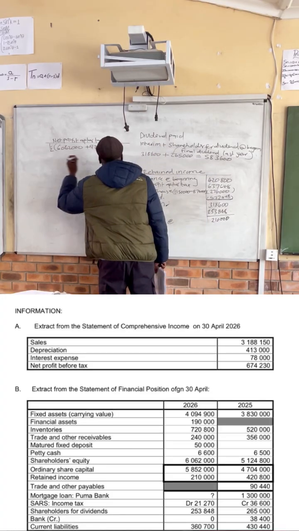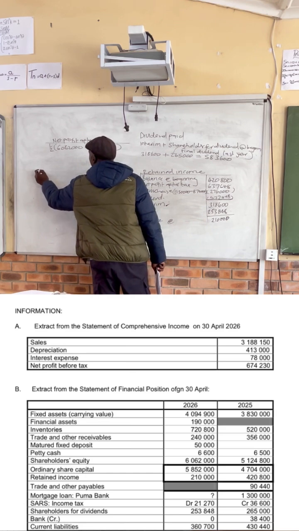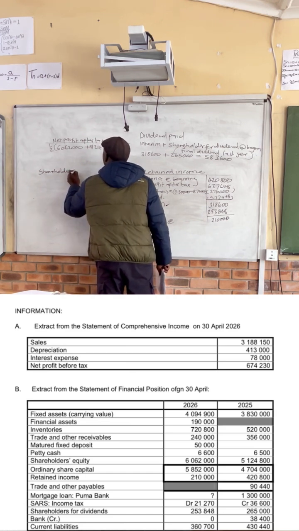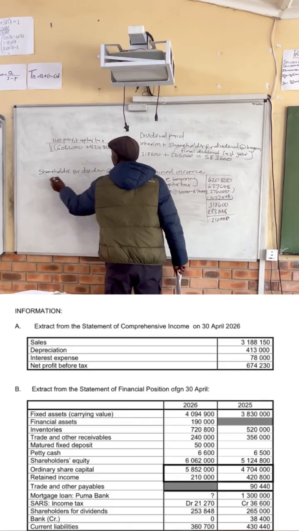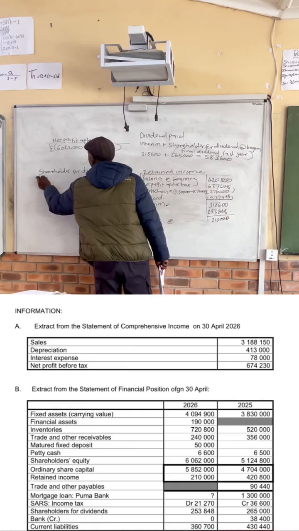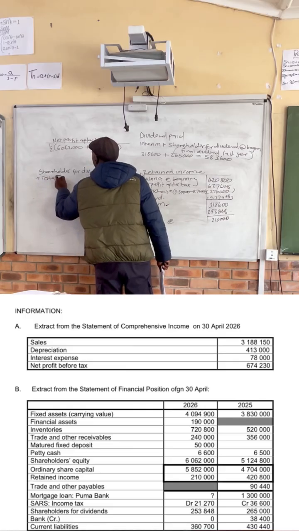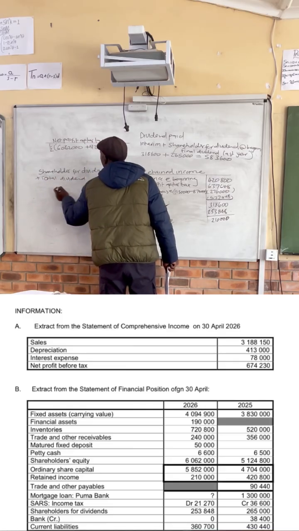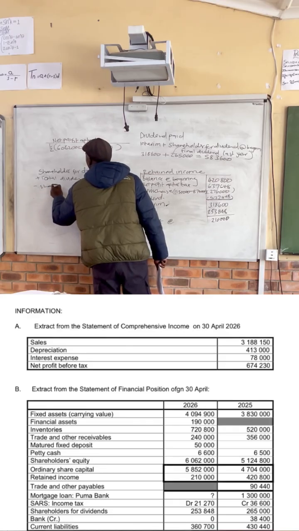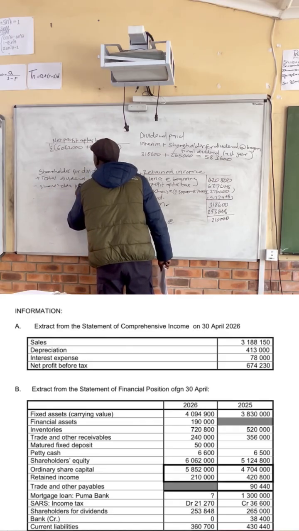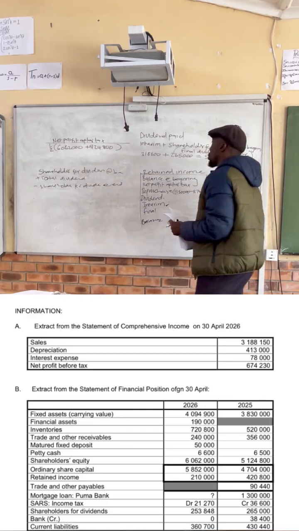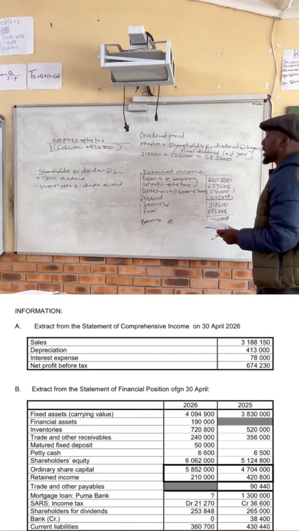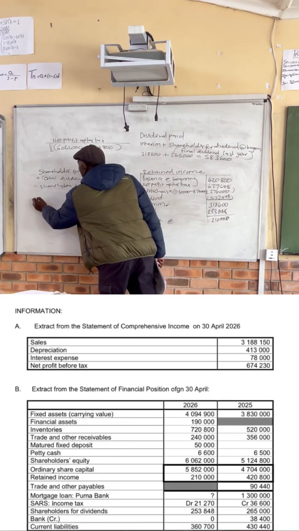Now, let's use the other method where you are saying shareholders for dividend at the beginning plus your total dividend minus shareholders for dividend at the end. Now we just substitute what we have. Do we have shareholders for dividend at the beginning? Yes. How much is it?